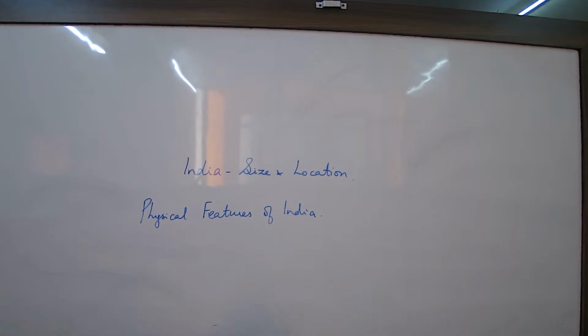So first you have the Himalayan mountains. These are geologically young and structurally fold mountains. They stretch over the northern borders of India. The loftiest and one of the most rugged mountain barriers of the world. So they are tall and very rugged.